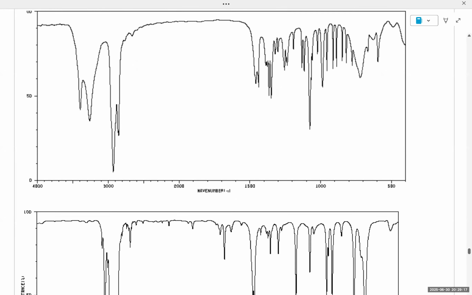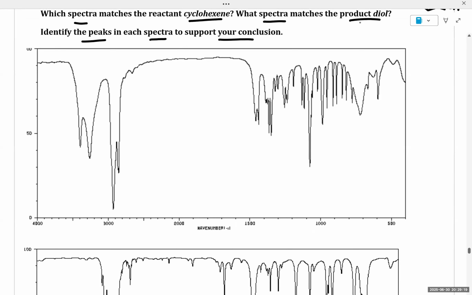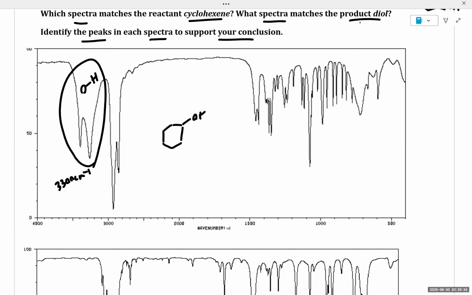Okay, so first and foremost, I see here this pretty characteristic set of peaks at around 3,300 centimeters inverse. So this suggests to me the OH stretch. So I suspect this top spectra corresponds to the cyclohexane diol.